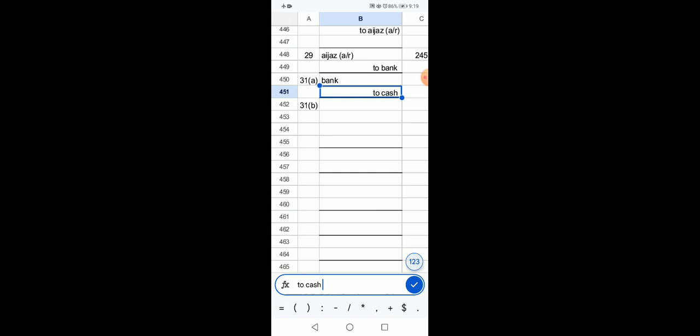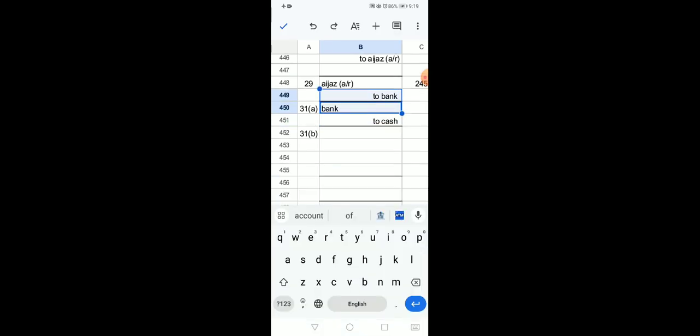How much amount is deposited into the bank? That is, one second. The 31st entry was having two parts. The first part was paid salaries. Okay, what we will do, this is the 31st B part.